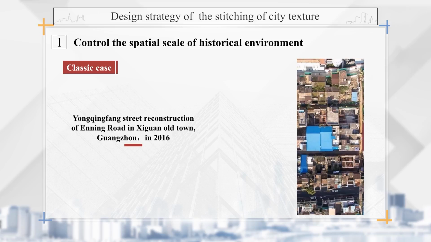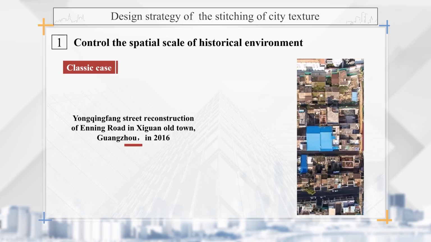Let's look at this picture. It is an overlook of the block before the reconstruction. In this picture, we can see that the texture of this block is in a state of destruction. Its old buildings are badly damaged. Some have been demolished. The texture is not very clear. How can we get its block texture?